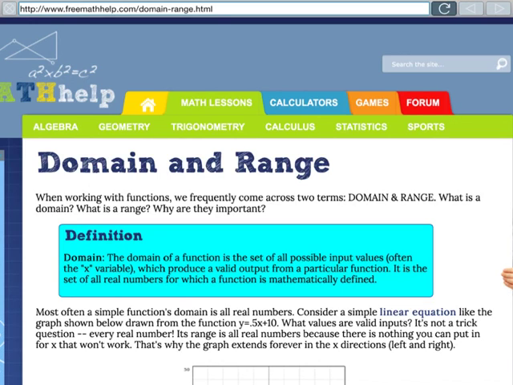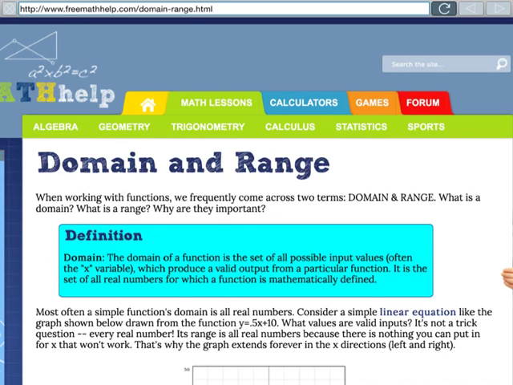This website says domain of a function is the set of all possible input values. Your book says the set of permissible replacement values, often the x variable, but anyway, for the variables in a particular equation or inequality.